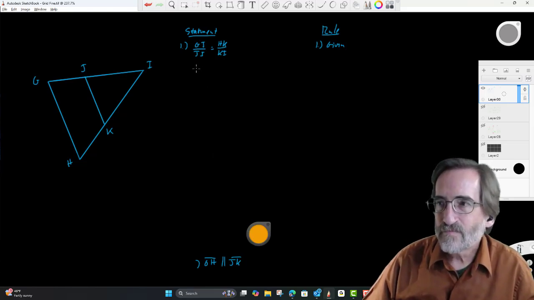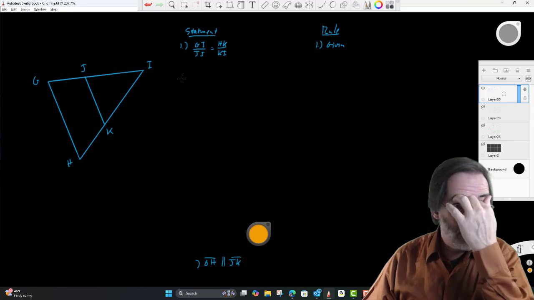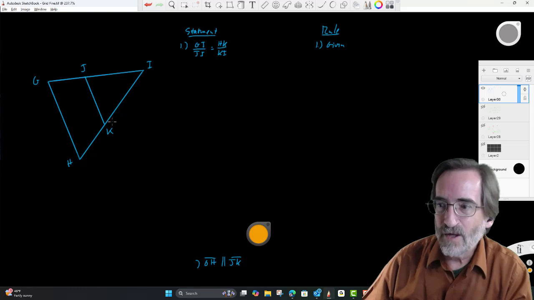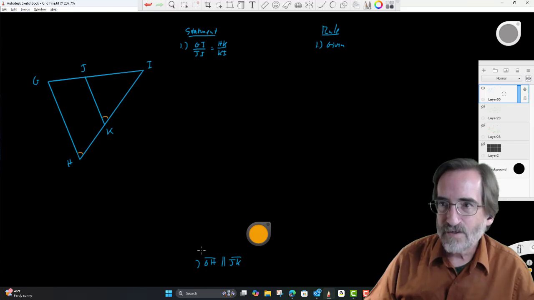So the first thing that comes to mind is kind of working the last proof that we did a little bit backwards. We'd like to prove that corresponding angles are congruent. I'd like to prove that angle K here is congruent to angle H here, and then we could use the converse of the corresponding angle postulate.